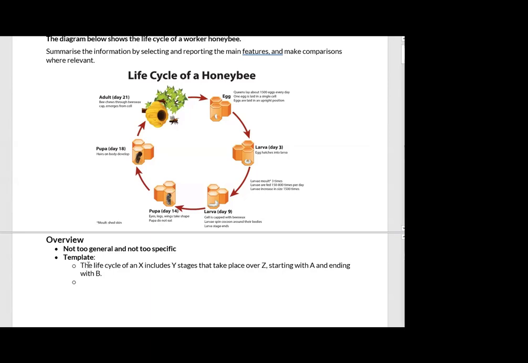The life cycle of whatever you're talking about includes however many stages that take place over how much time, starting with step A and ending with step B. Okay, this is a template that you can remember for any kind of diagram like this.